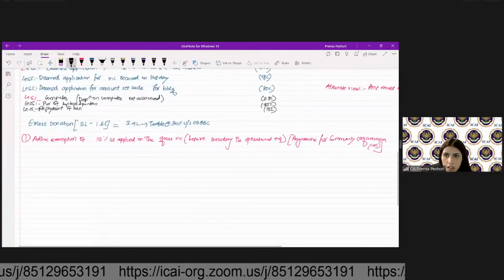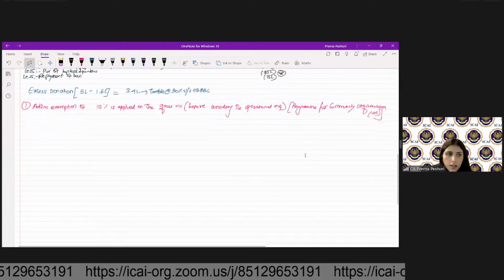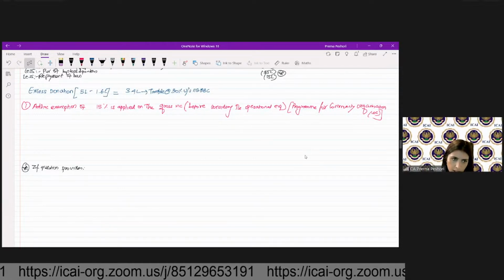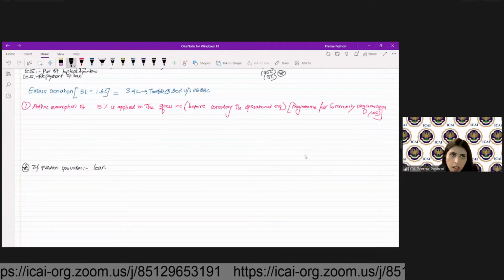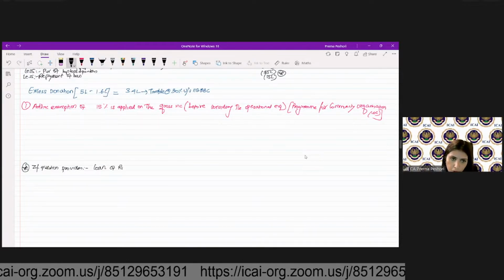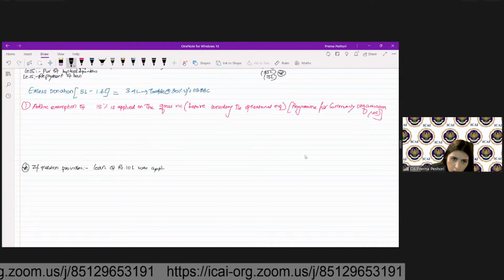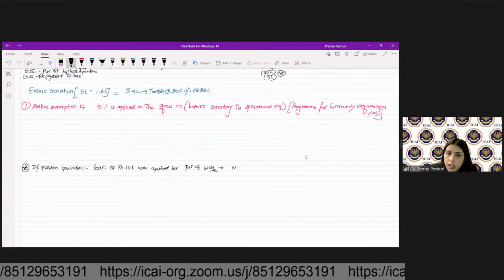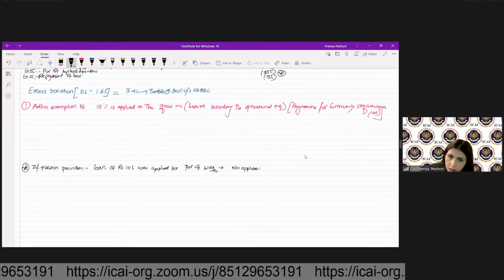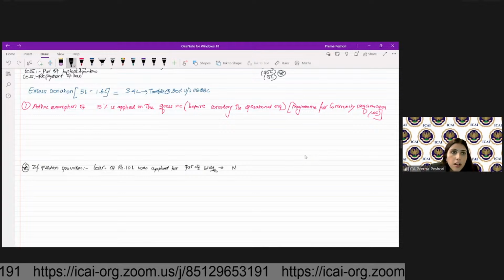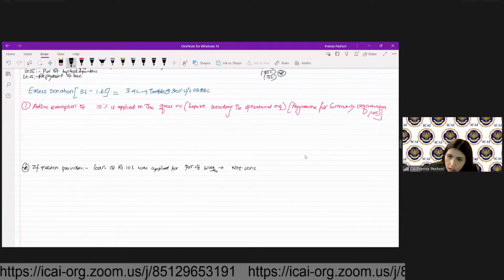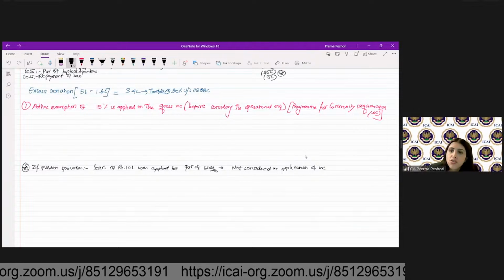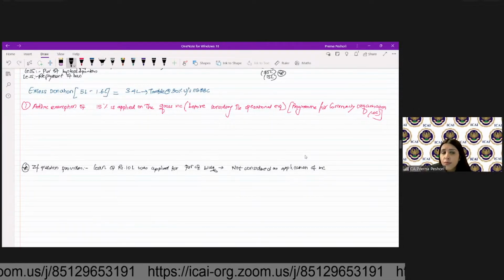If the question provides that a loan of rupees 10 lakh was applied for purchase of a building, no application is allowed. It is not considered as application of income.